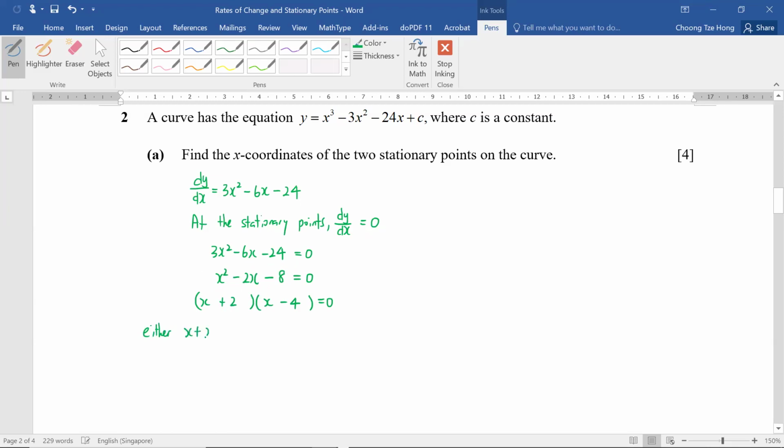Either x plus 2 equals 0, whereby we will get x equals negative 2, or x minus 4 equals 0, and we get x equals 4. Since they want us to just find the x coordinates, these two will be the answer already. So there are two turning points, one at x equals negative 2, and the other at x equals 4. As you can see, this is a 4-mark question, but not too difficult.